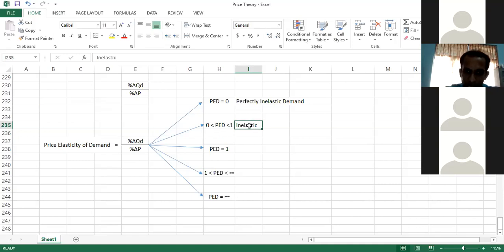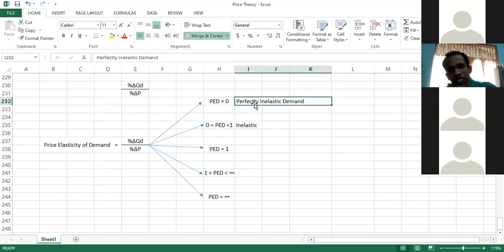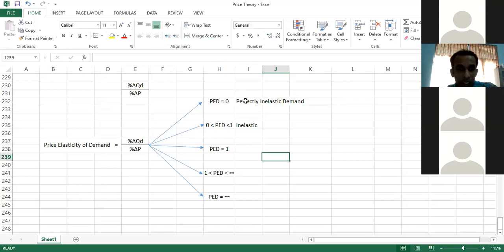So that example is more appropriate for the next category, with a very small response. Usually for this category, it's not very easy to find an example, right?